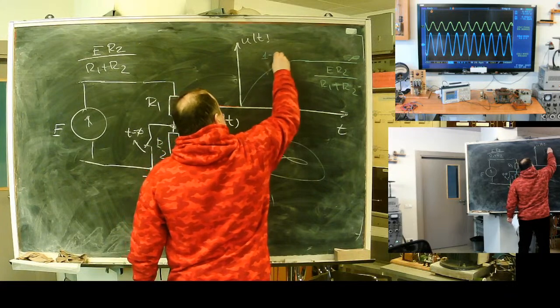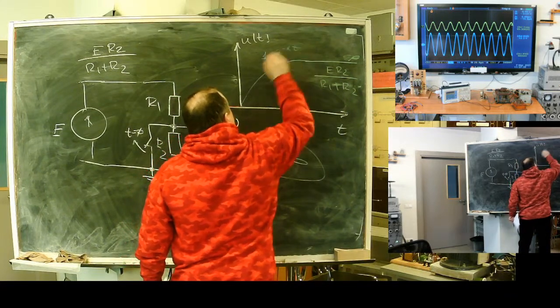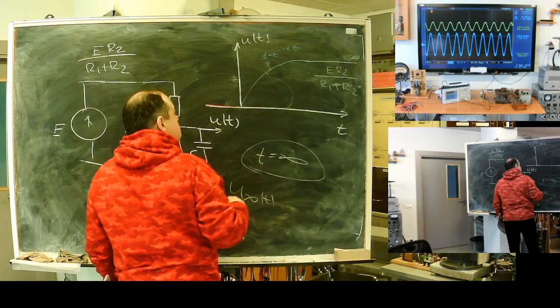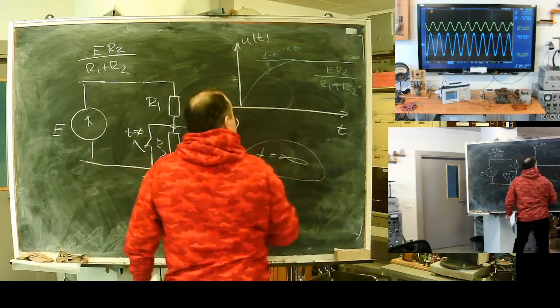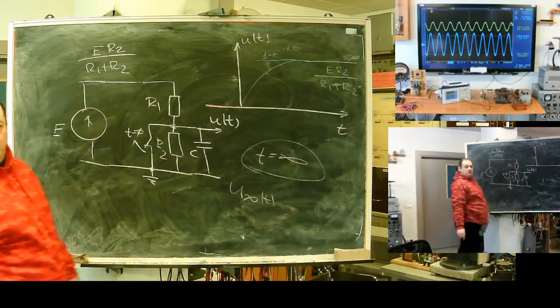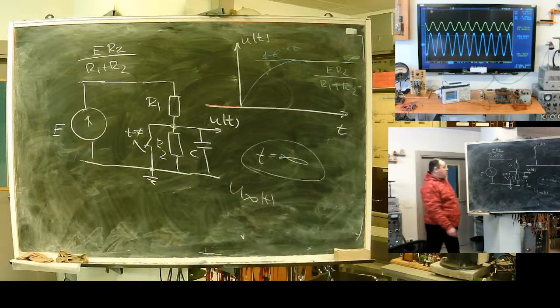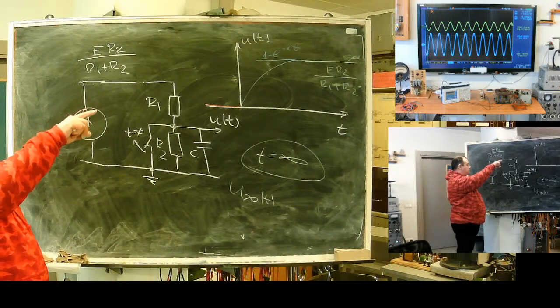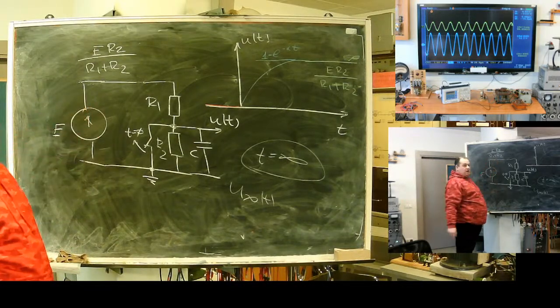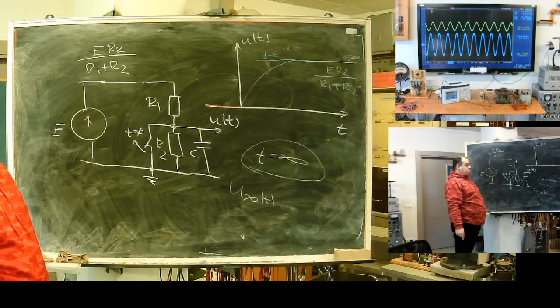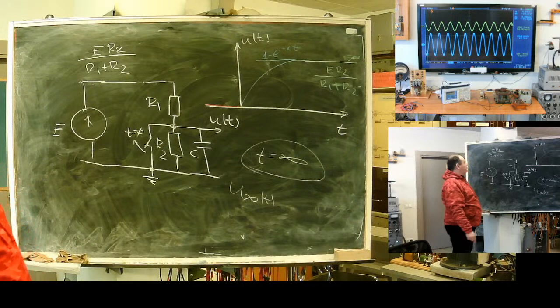Actually, it will be U infinite minus U infinite multiplied by this.